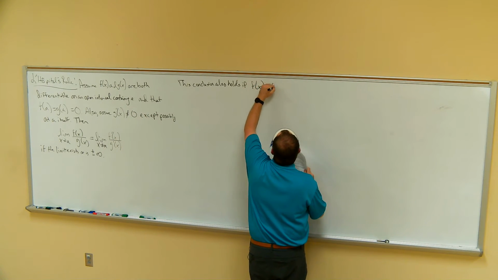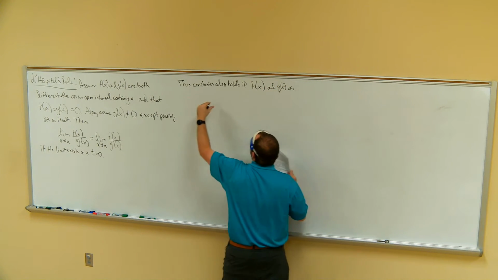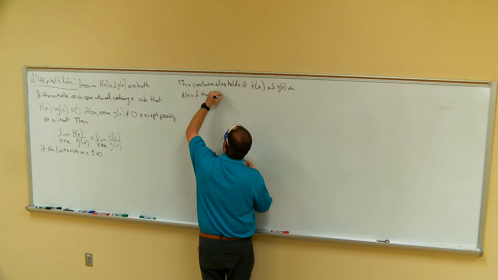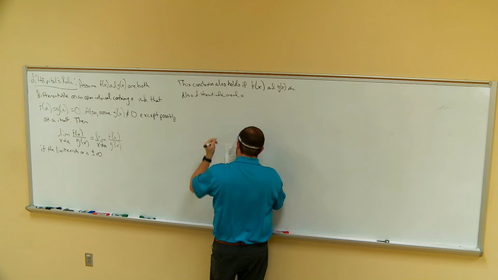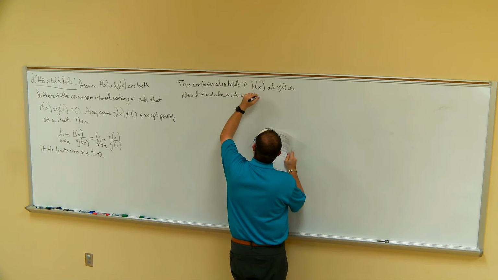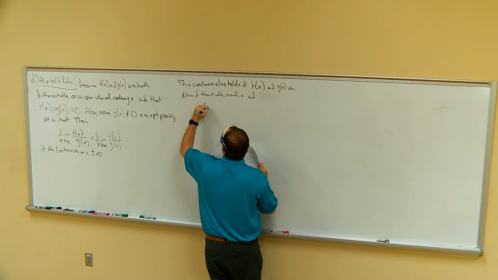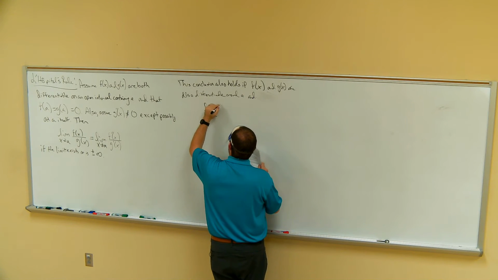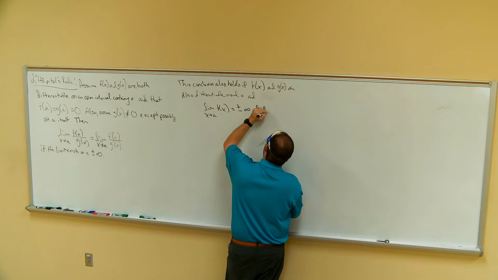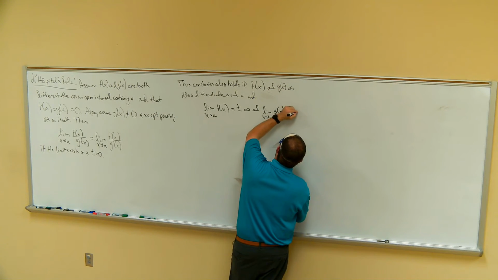Or f of x and g of x can also be differentiable around a, and the limit as x approaches a of f of x equals positive or negative infinity, and the limit as x approaches a of g of x equals positive or negative infinity.